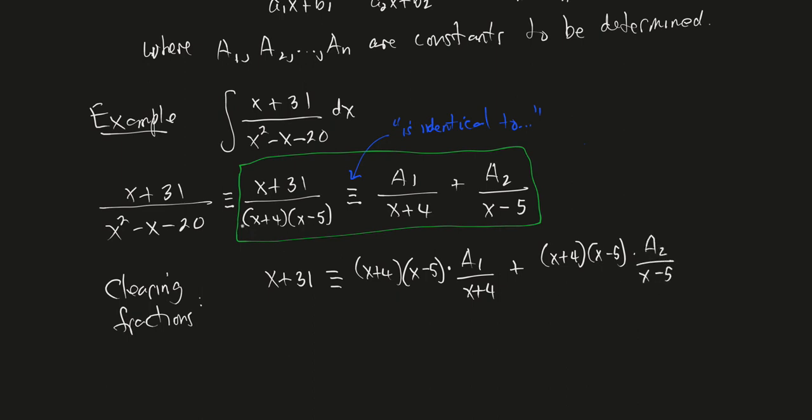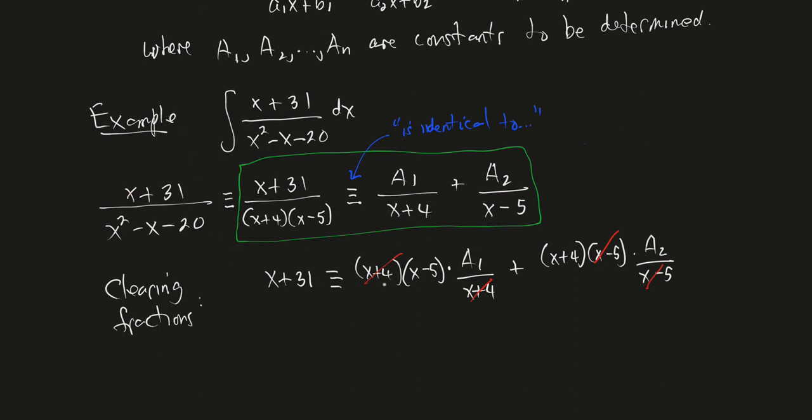So basically just take the denominator that was on the left and multiply both terms on the right. Now you can see why the fractions get cleared, because they have a common factor there, common factor there.